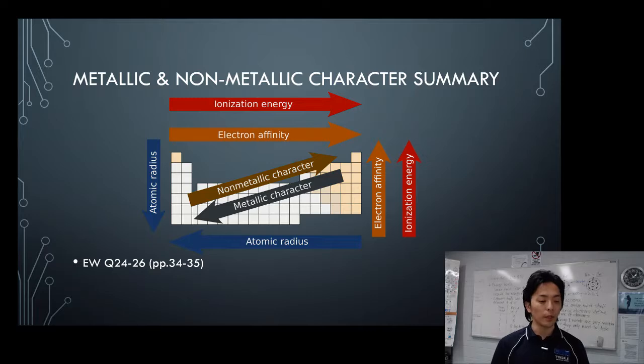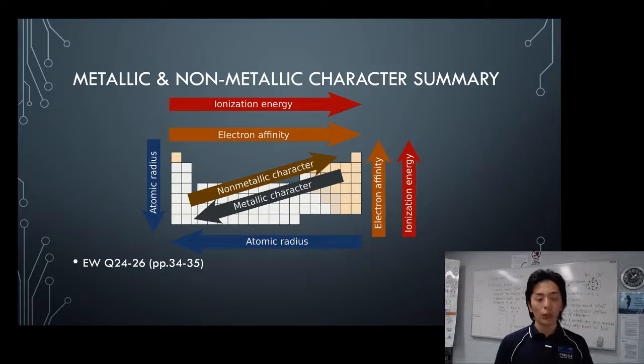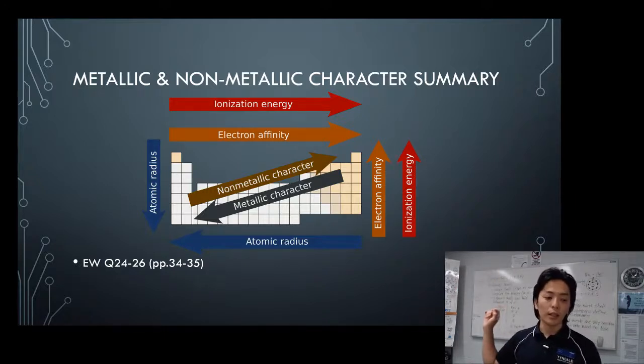And metallic character, which is wanting to get rid of electrons, will go down if you go down a group, and it will go up if you go across a period. If you go towards the left, metallic character will increase. So non-metallic and metallic would be opposite of it. Electron affinity and ionization energy also go up. Atomic radius increases as you go down and decreases as you go to the right.